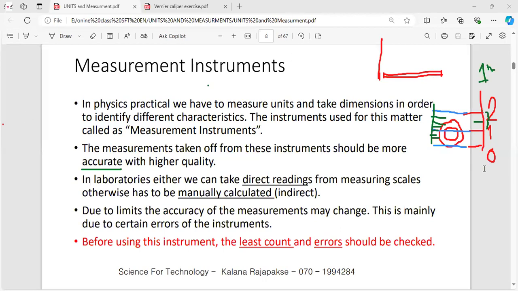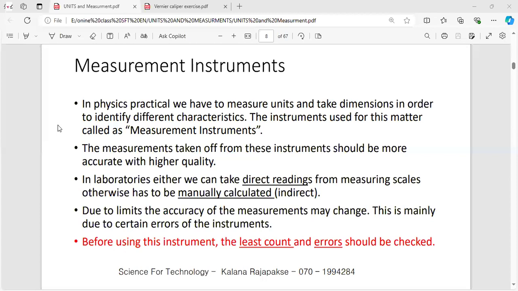But for the micrometer screw gauge, it is up to 0.01 millimeters, so 1 millimeter is divided into 100 units. So it is much more accurate. Let's talk about measuring instruments in detail. I think you get the idea, which means that we cannot use the same meter ruler for every measurement.